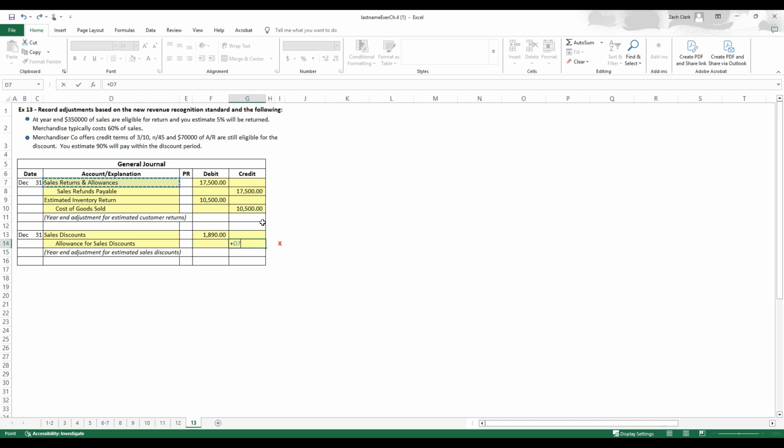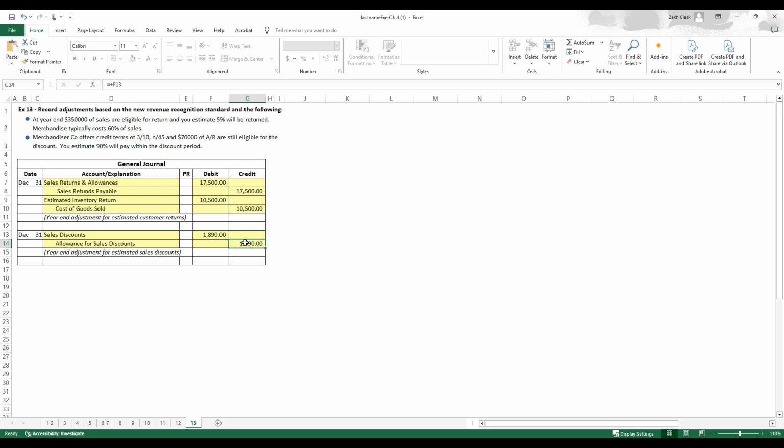Taking all that together and doing the calculations gets us to $1,890. So total eligible, 90% we expect to pay within the time frame, and those are going to receive a 3% discount on that $70,000 basically.